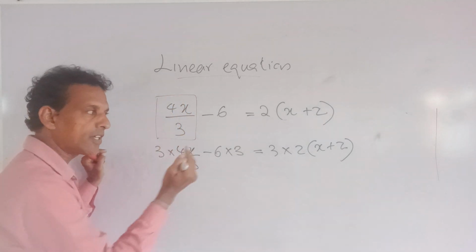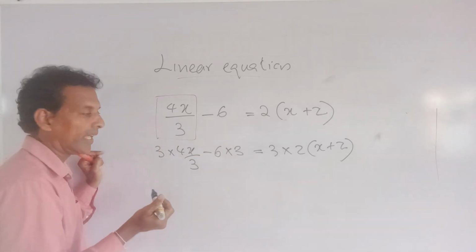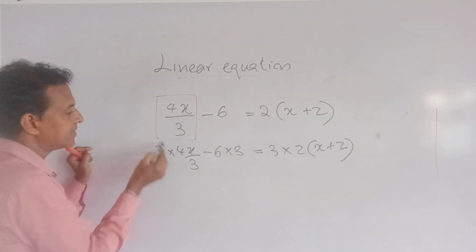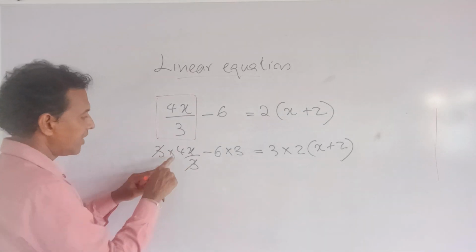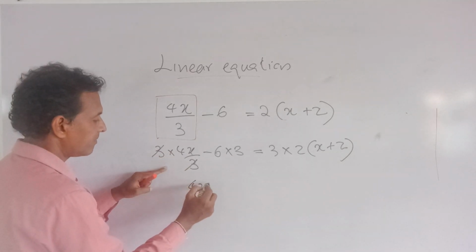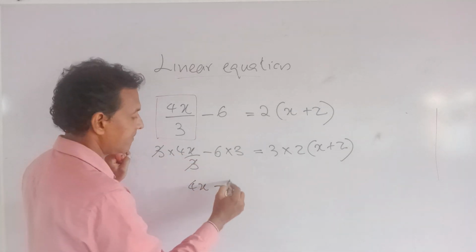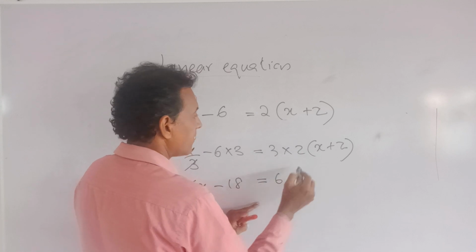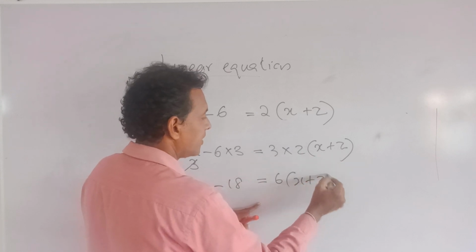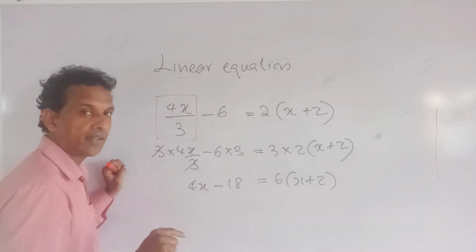Remember that in the inverse process, we are actually removing the terms one by one. So when you multiply this term by 3, this 3 gets cancelled. So here we have 4x minus 6 times 3 is 18 equals 6x plus 2.